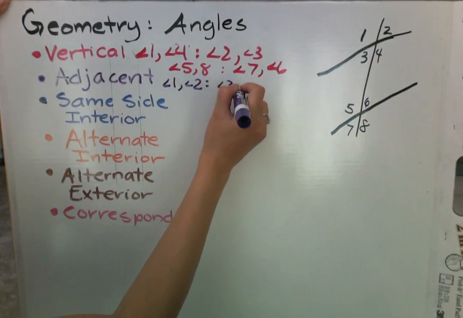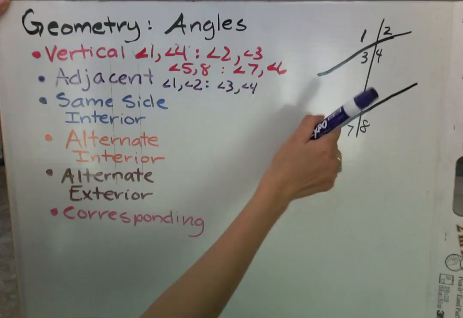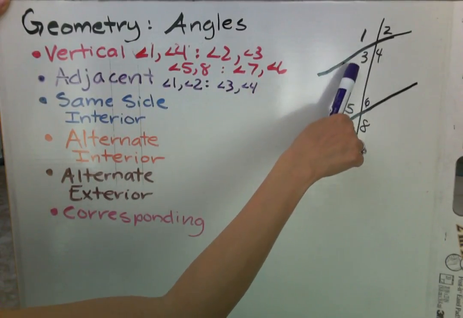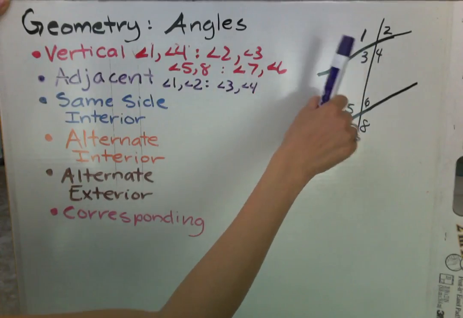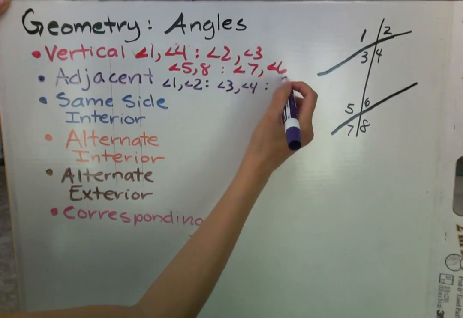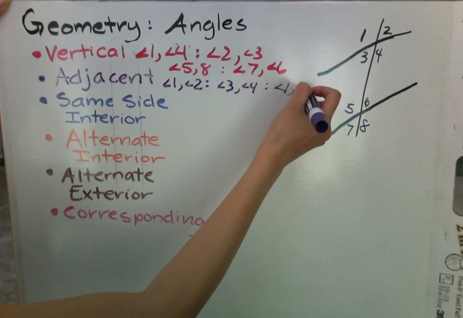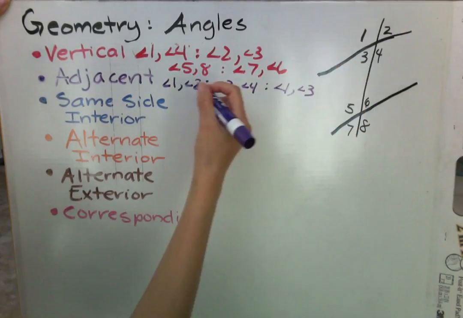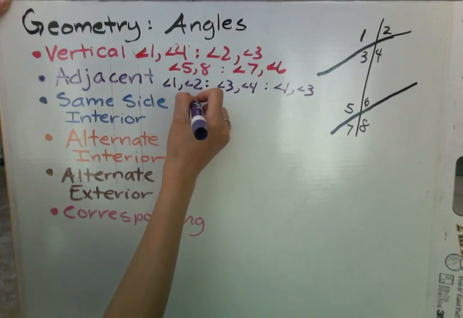Angle 3 and angle 4 are also adjacent to one another. We also can look at it this direction because 1 and 3 share that wall. So we have angle 1 and angle 3 as adjacent angles, and angle 2 and angle 4.